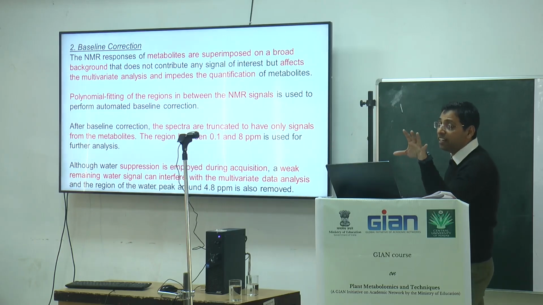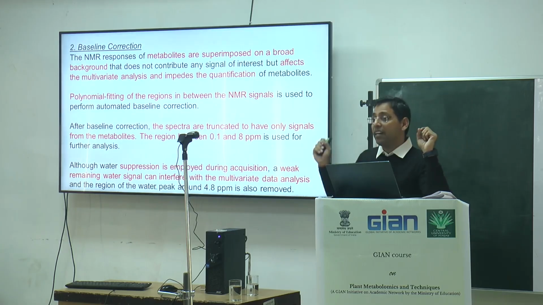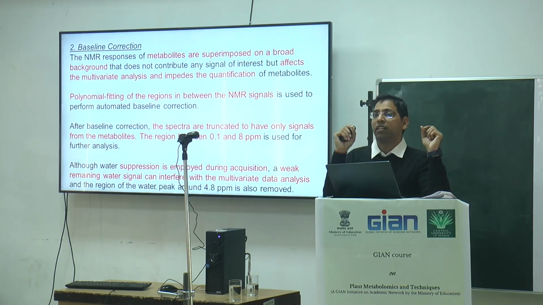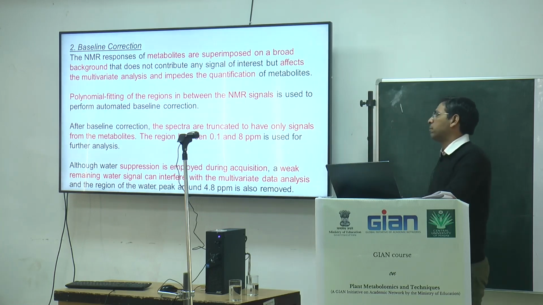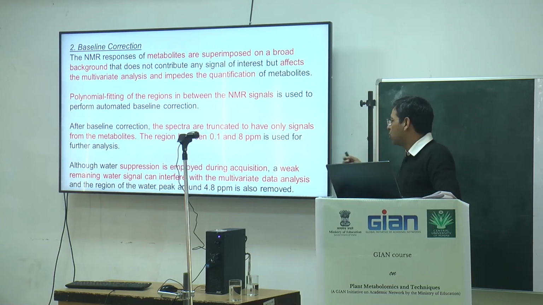These areas are starting from 0 up to 8 ppm. 0 is a little bit not easy to say, so we start this scaling from 0.1 to 8 ppm. And water suppression is also required to start with the acquisition. Sometimes water molecules, as we discussed in the suppression technology, we have to use for this.